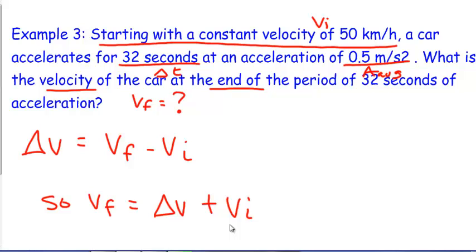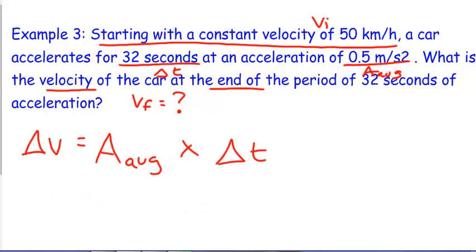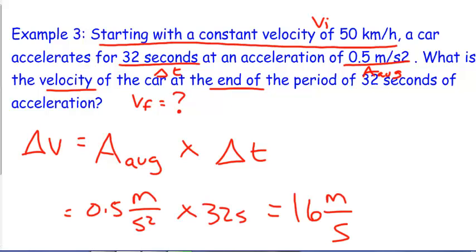So we're going to actually do a little side problem, and we're going to find delta V. Delta V equals A average times delta T. That's just coming from my original equation that we started with today. If A average equals delta V over delta T, then delta V must equal A average times delta T. Okay, I can plug that in. 0.5 meters per second squared times 32 seconds, that's 16 meters per second.